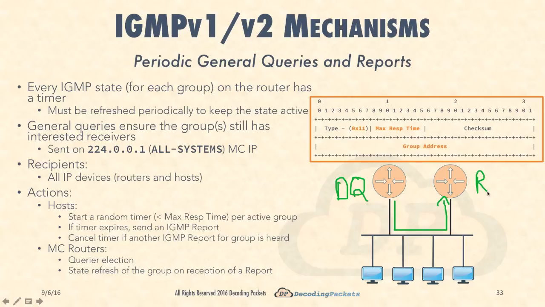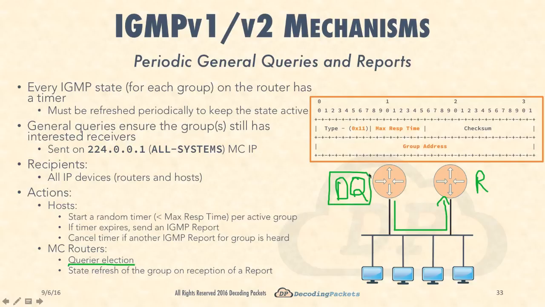So R is going to receive a message from DQ, and as long as DQ is sending packets and it has, I believe, a lower IP, I haven't seen that RFC in a long time, so I believe it's the lower IP. As long as DQ has the lower IP, it by default wins that querier election and it keeps playing the job of a designated querier.